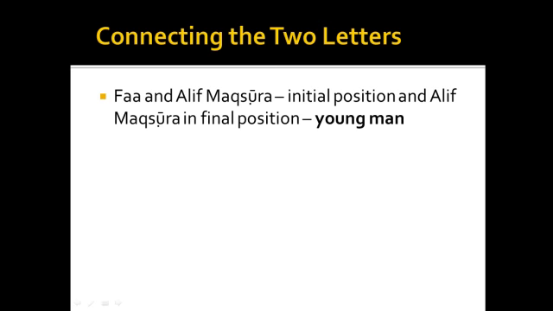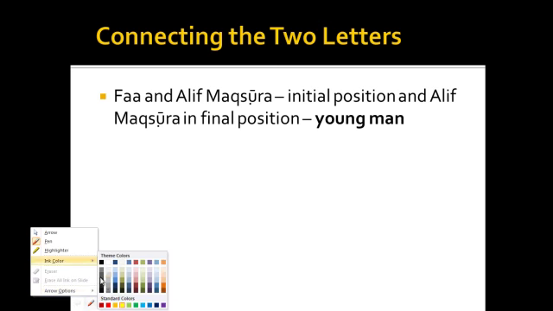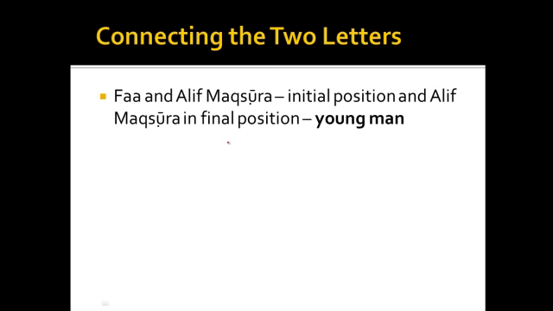Okay, now let's write the Alif Maqsura and the Fa in a word. And let's just recap here in our 4 positions. So the independent position for the Fa looks like that. Initial position looks like that. Medial position like that.